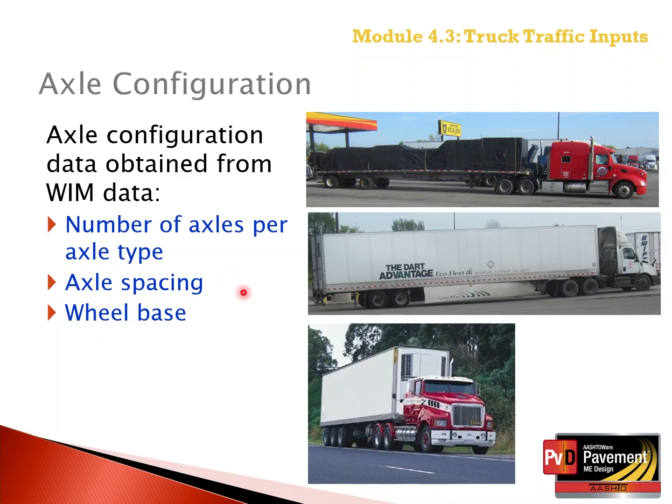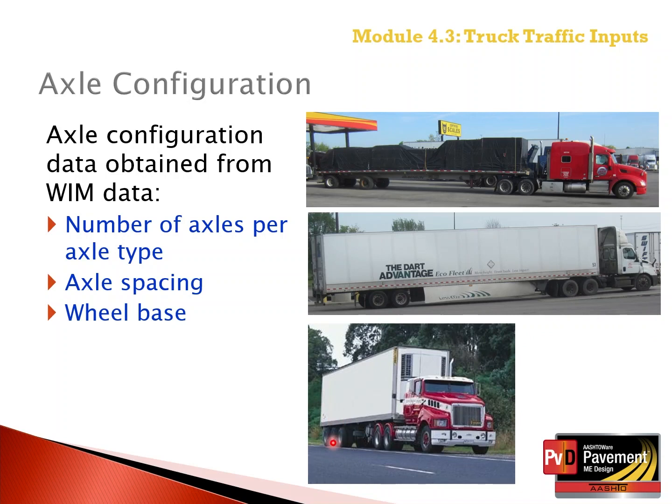And the number of axles per type is dependent on the truck classification. So the number of axles, type of axles, whether it's a tandem, a single, and a single steering axle. For this truck, it's two tandem axles and a steering axle.